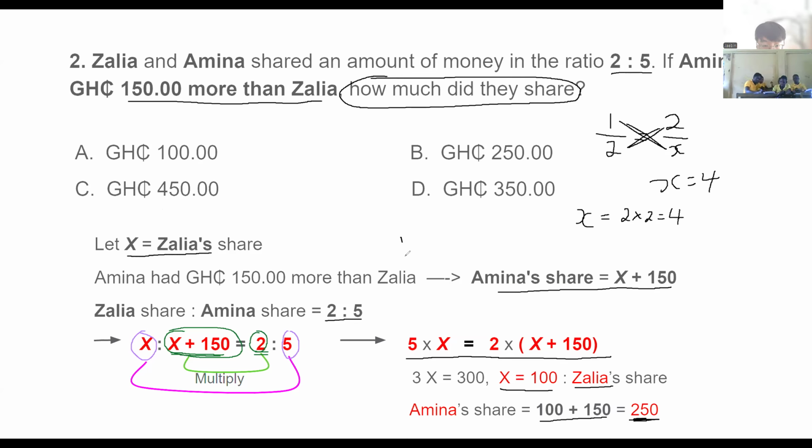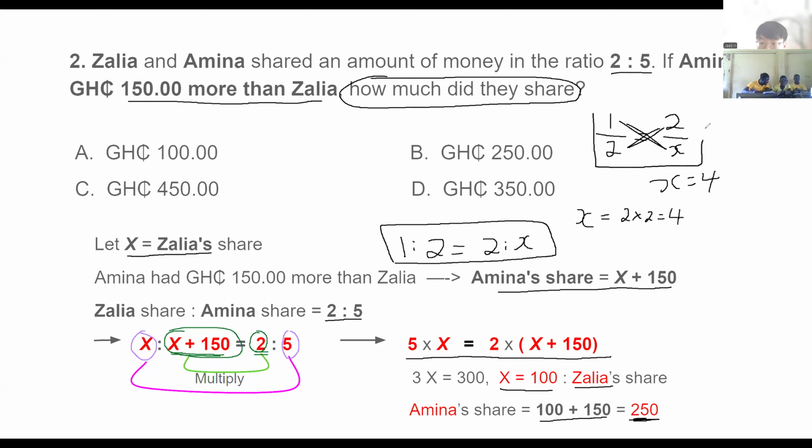So what we did was 1 to 2 is equal to 2 to x. That's why we cross multiplied, right? Multiply this one and multiply this one and equal it.